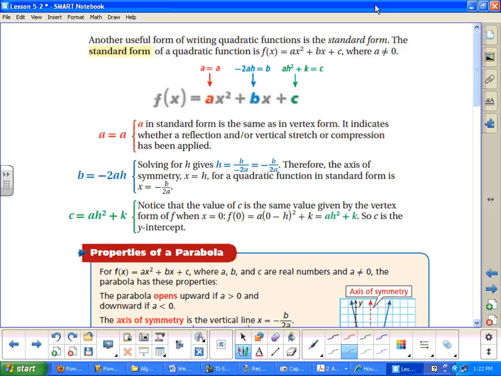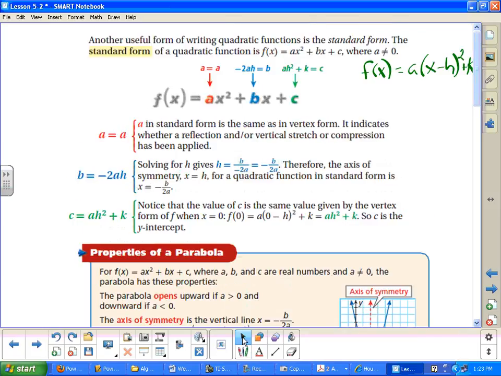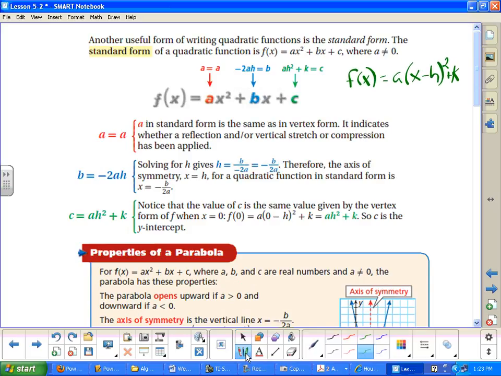So let me write the vertex form back up here again. So there's vertex form, and the a is the same as it is in vertex form.